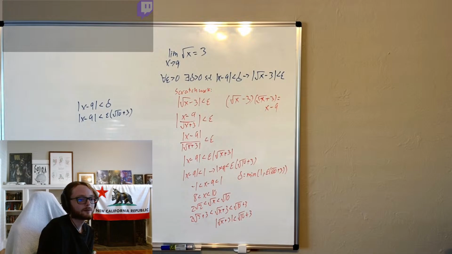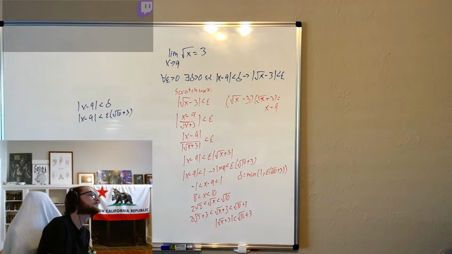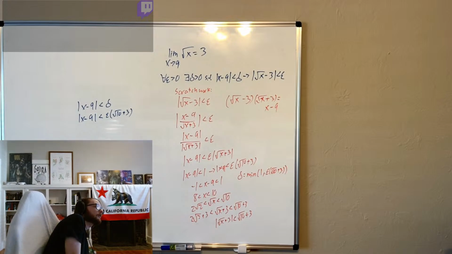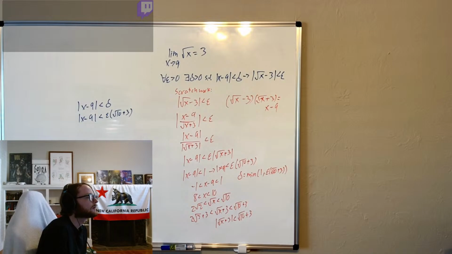Like we should be able to use the same bound that we just made. Yeah, so we can say that root x plus 3 is less than root 10 plus 3. But then that inequality goes the wrong way for the actual proof part.